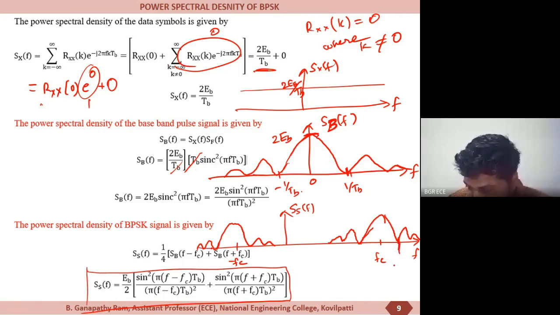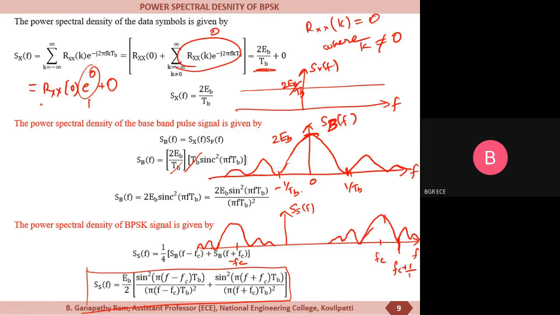And this will be Fc plus 1 divided by Tb, and this will be Fc minus 1 divided by Tb, which will cause the bandwidth of 2 by TB, which is equal to 2 RB. So the bandwidth requirement will be twice the data rate of the transmission. This is the power spectral density of BPSK signal.